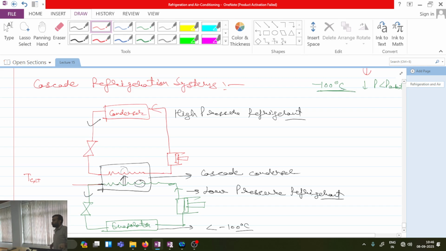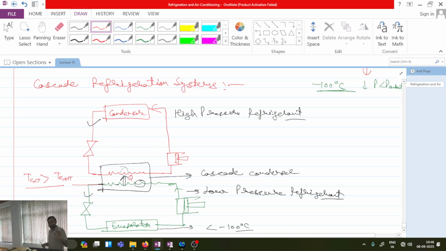TCLT means low temperature circuit condenser, and it is the evaporator for HT. So TEHT means the evaporator of the high temperature system. Now the condenser of the low temperature system should have a greater temperature than the evaporator temperature of the high stage. Then only will heat transfer from this to this.